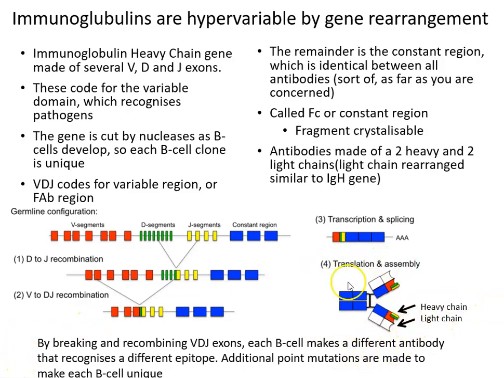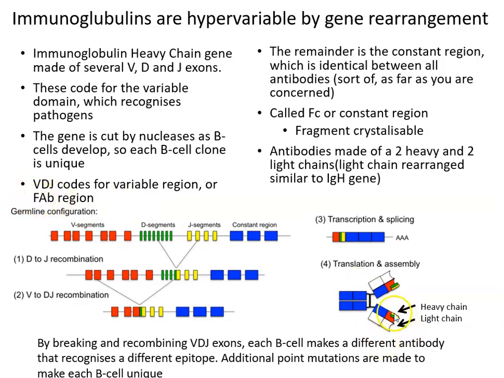And when they've been put together in this configuration, this end bit here and this end bit here are identical, and they're called the complementarity determining regions, or the epitope binding regions, or the antigen binding regions. The most common way to refer to these end bits, which is the bit that recognizes the antigen, is to refer to them as the Fab region. And we'll talk about Fab regions later on.